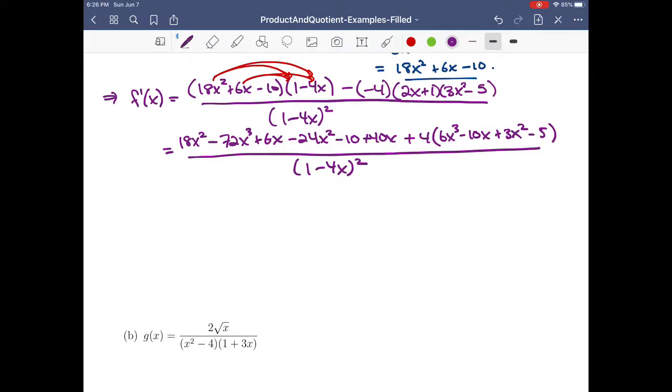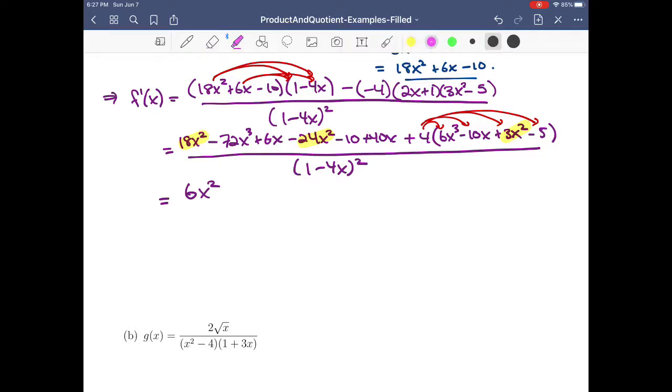So I want to look for like terms here. I see that I have x squared here, and an x squared here. Now remember that this 4 still has to go to everything in here too, so we don't want to forget that. In total, we're going to have 18 minus 24 plus 12, so that's 6x squareds.